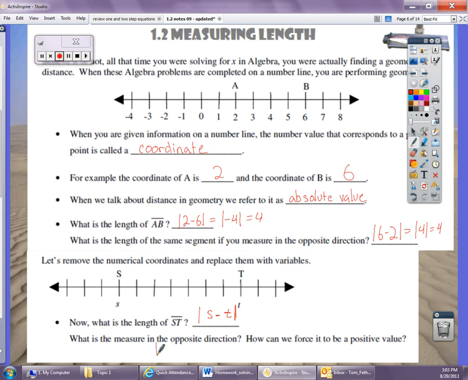The opposite direction is just the absolute value of T minus S. And how can we force it to be a positive value? To make it positive, that's when we use absolute value. The absolute value of any number will make it positive. So absolute value refers to the distance between these numbers.